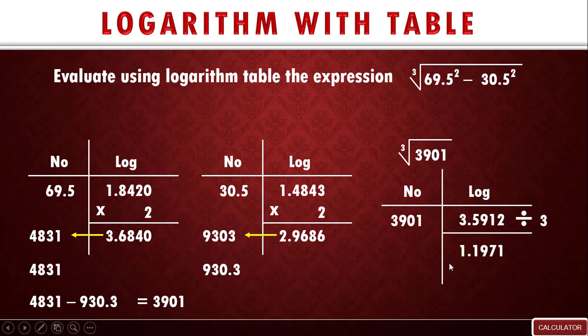Okay, now having gotten that, the next thing is to look for the antilog. So we're looking for the antilog of this number. Before you work out the antilog, ask yourself the question: the characteristic here, which is 1, is it positive or negative? Well, the characteristic is positive. That means we can use our calculator to solve that.